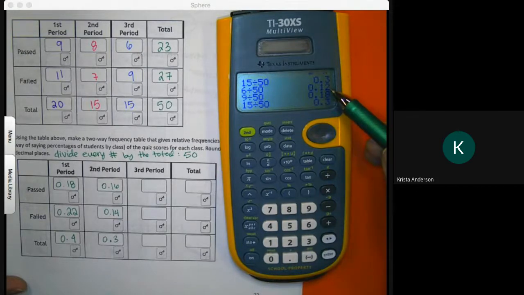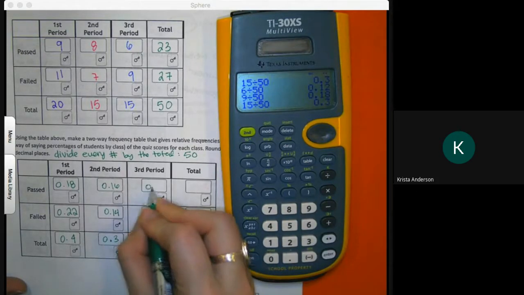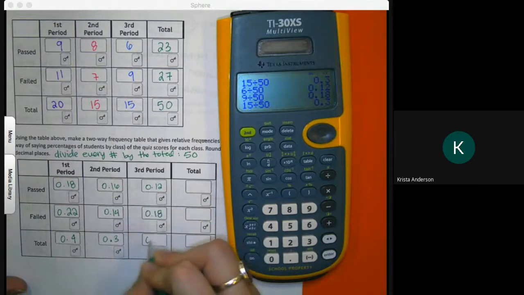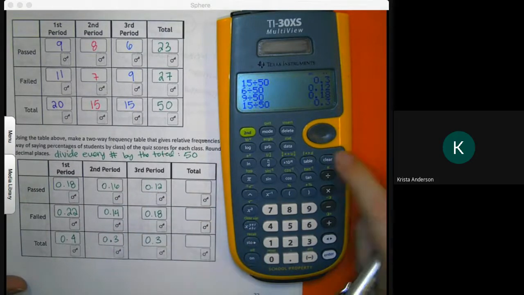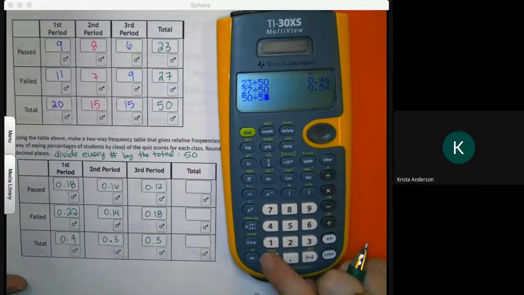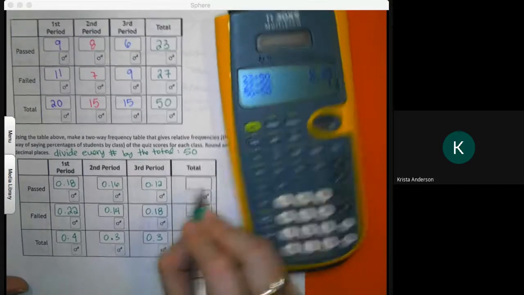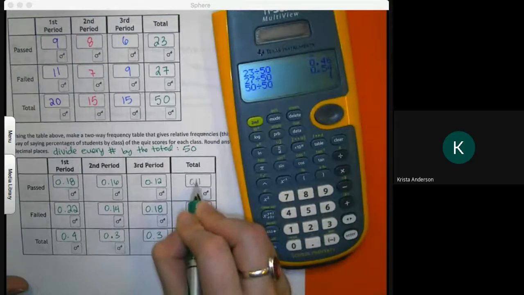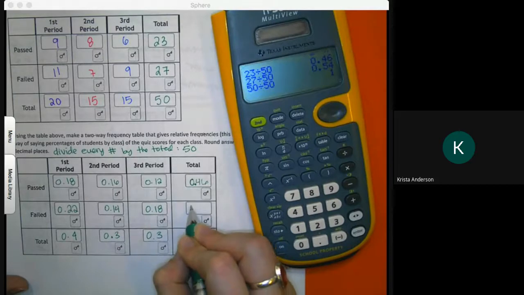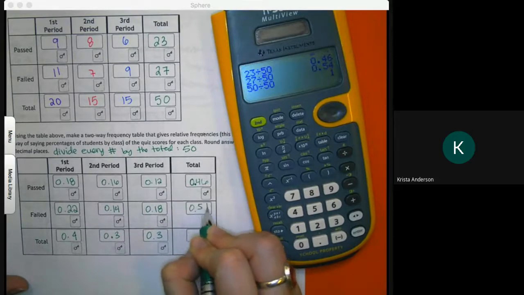So 0.12, 0.18, 0.3. 23 divided by 50. 27 divided by 50. 50 divided by 50. 0.46, 0.54.